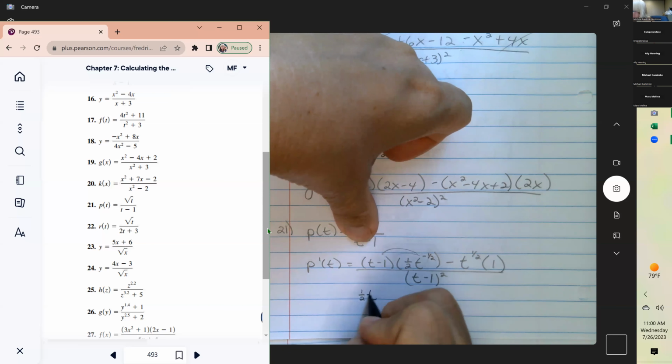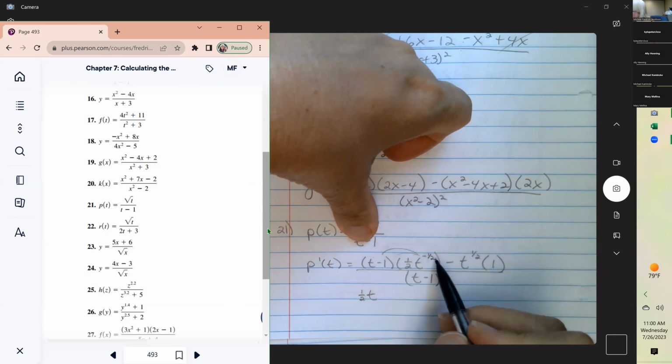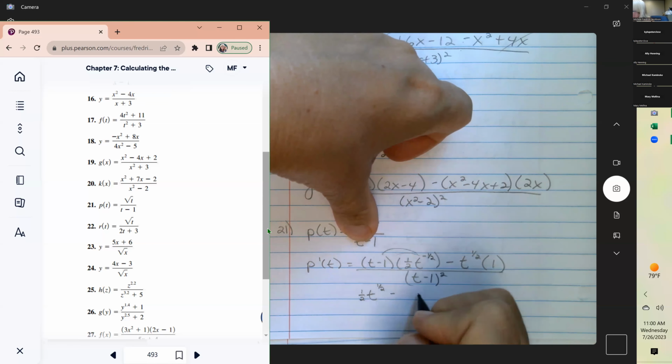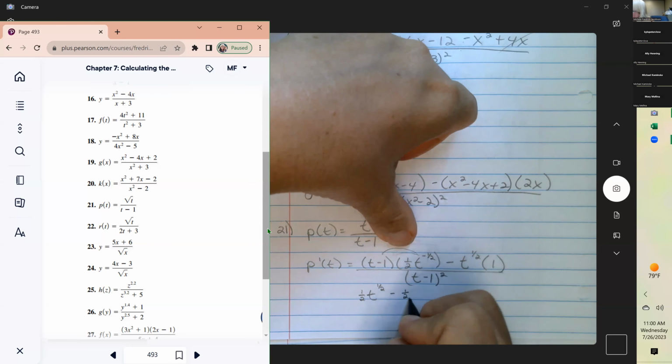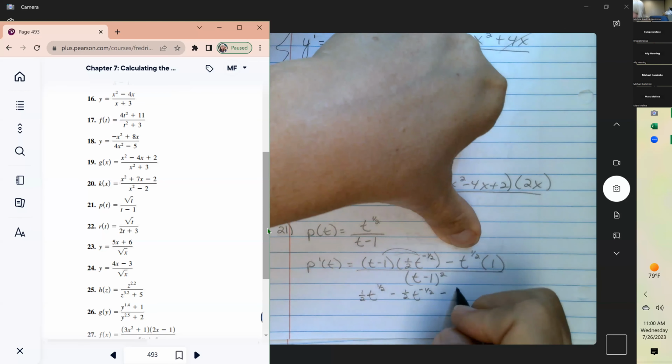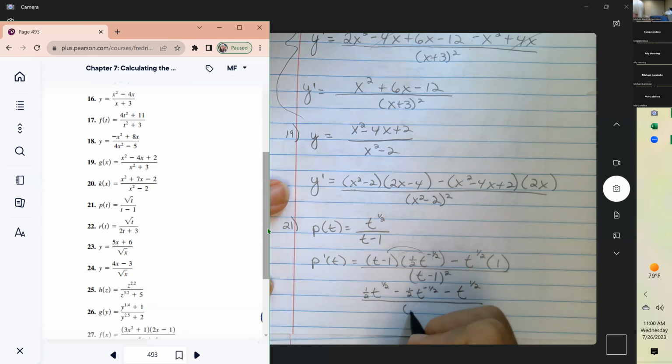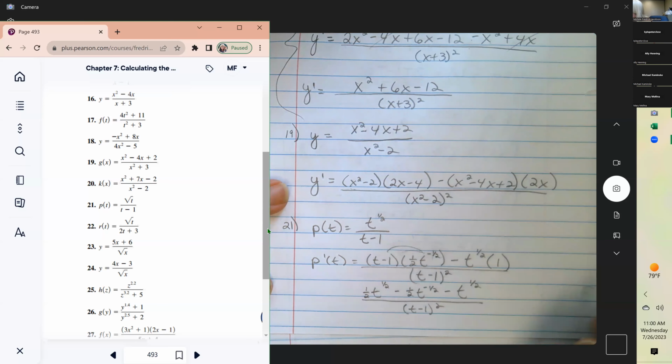1/2 t, adding the exponent 1 minus 1/2 makes this a positive 1/2, minus 1/2 t to the negative 1/2, minus t to the 1/2, all over t minus 1 squared.